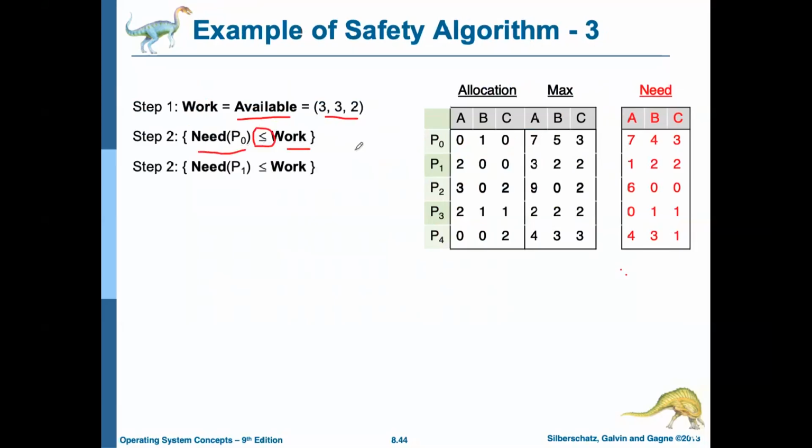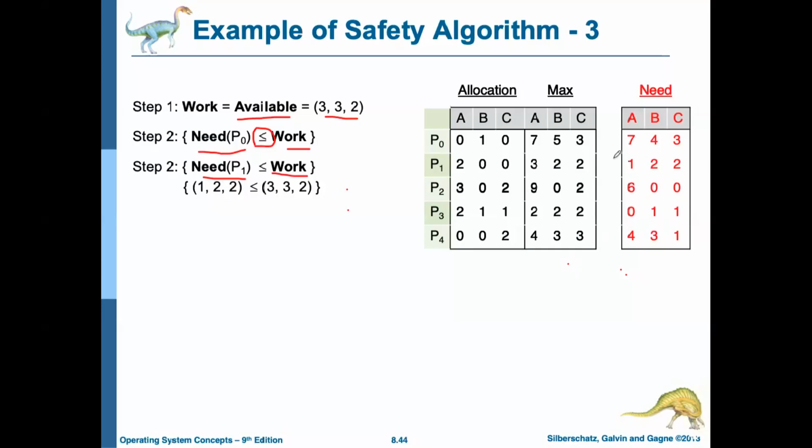So step 2, P1, check. You need to check each of the processes because this is a matrix. Next is P1, and then check the availability. For P2 also, if you look here, the need for P1, where is need one?